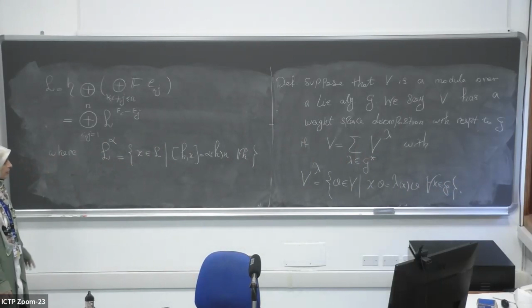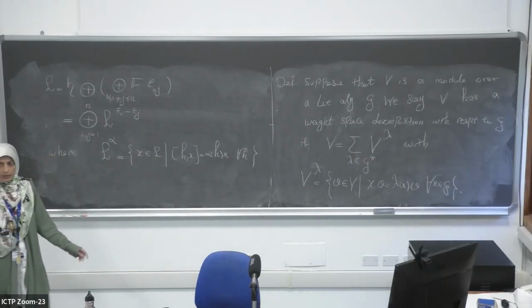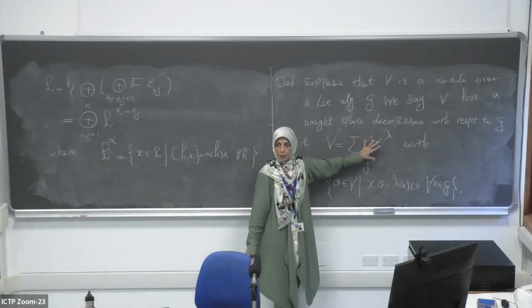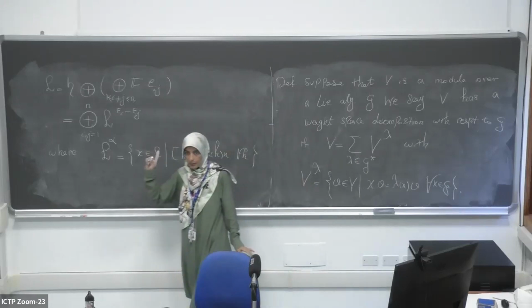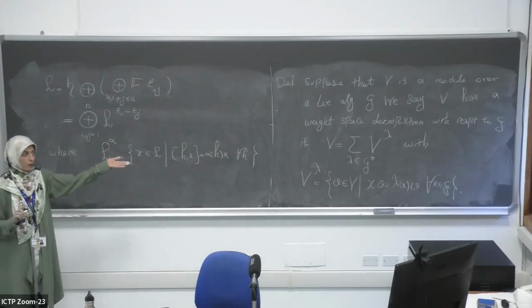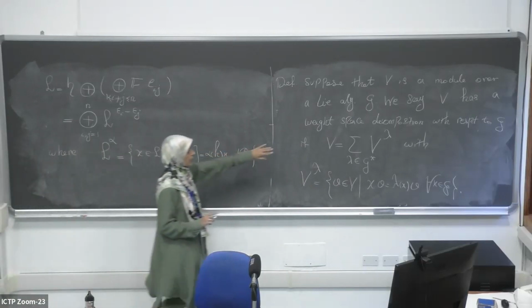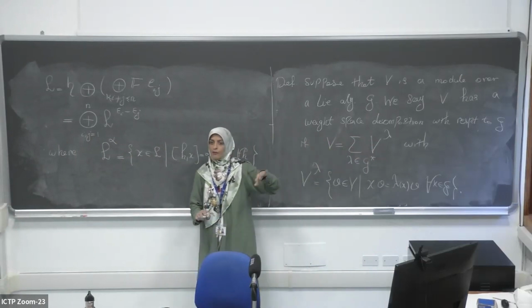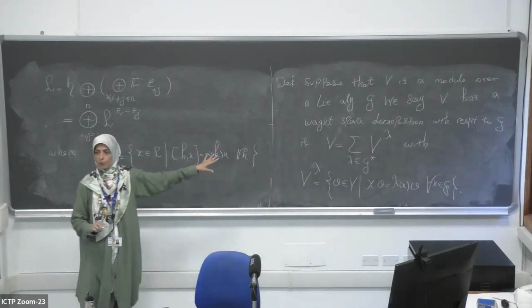And something that you can ask me is that here I have just a summation, but in the examples we have a direct sum, right? And it is something that we prove: when we have V equals the summation of V_lambda, then we can get that it is a direct sum of V_lambdas.